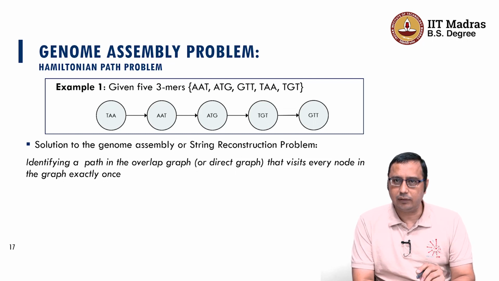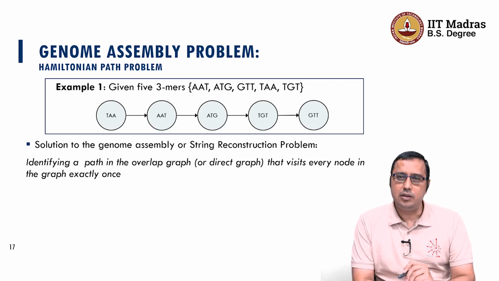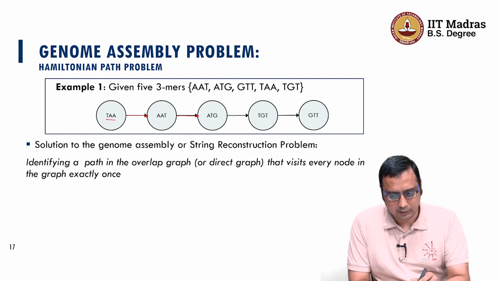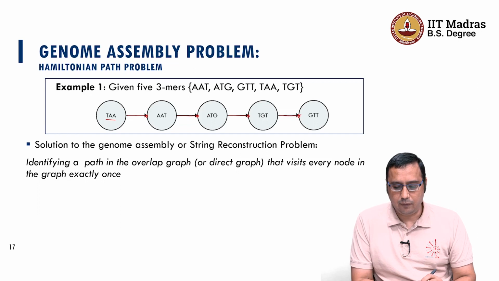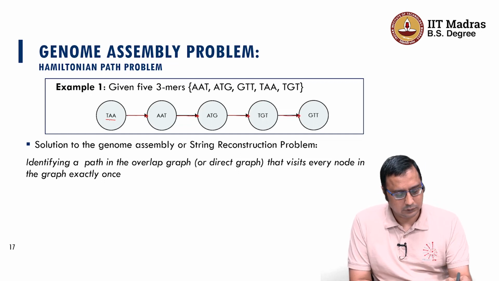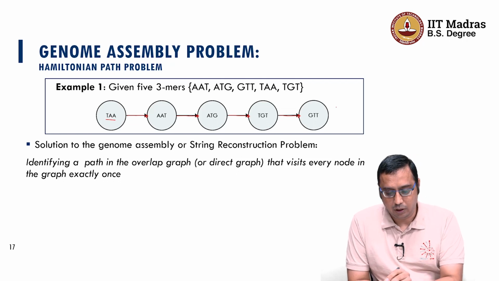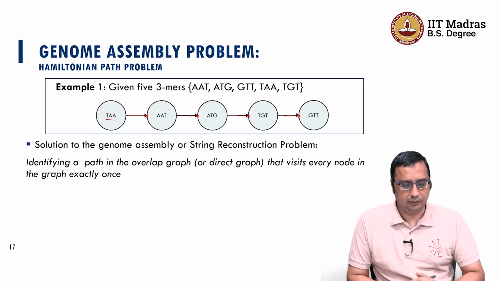If I do that and I have a path, then I can construct or assemble the genome. So here, if I start from this node and go to another node using this path, then I can go to another node using this path, and from this node to this path. Since I have an overlap graph, I have all the elements which I know have to be there.